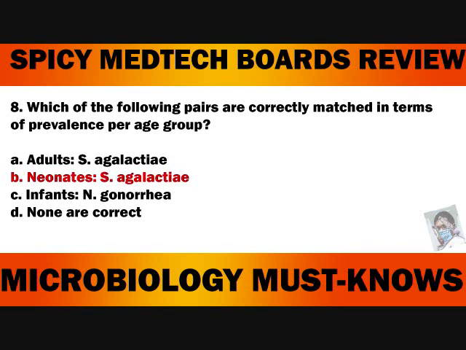The answer to number 8 is letter B, neonates is to S. agalactiae. If you notice the trend of this question, it all points to the bacterial causative agents of meningitis. For adults, it should have been Neisseria meningitidis. For neonates, it's correct, Streptococcus agalactiae. And for infants, it should have been Haemophilus influenzae.